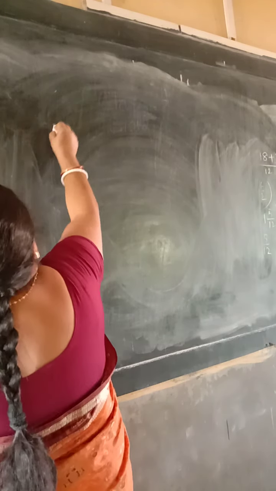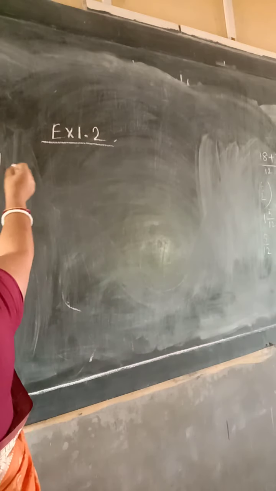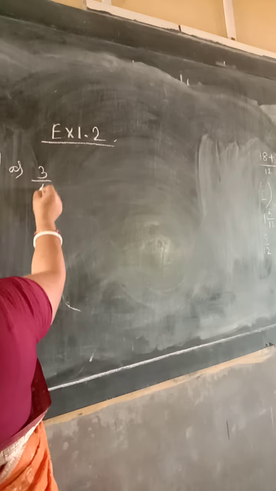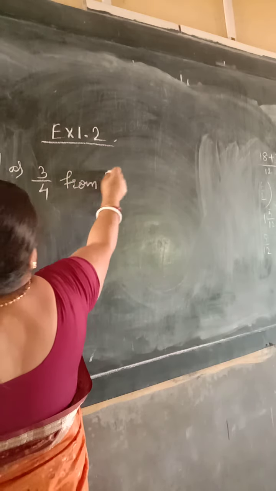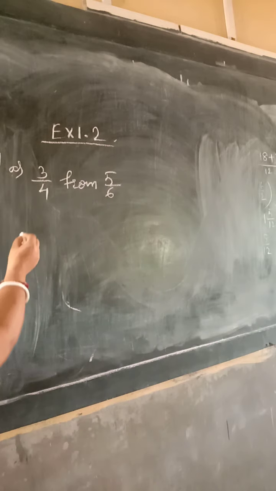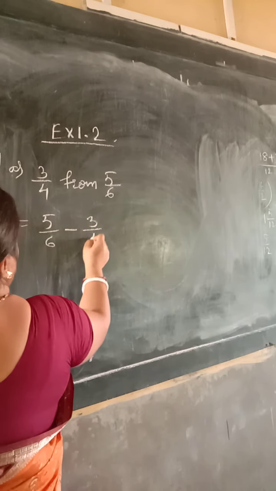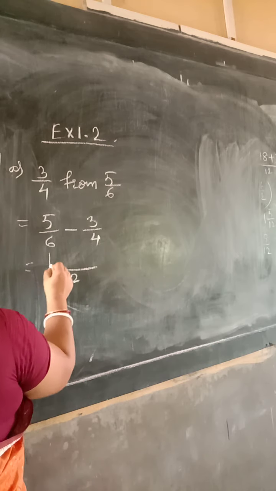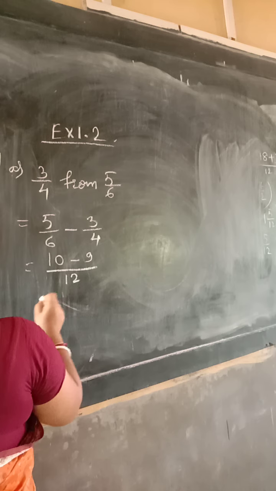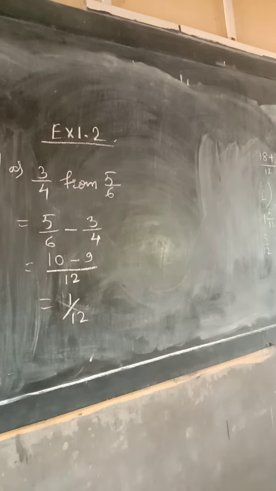Exercise 1.2, 1a. It is given 3/4 from 5/6. So we'll be writing 5/6 first minus 3/4. LCM is 12. So 10, 9, 1/12. Is it?